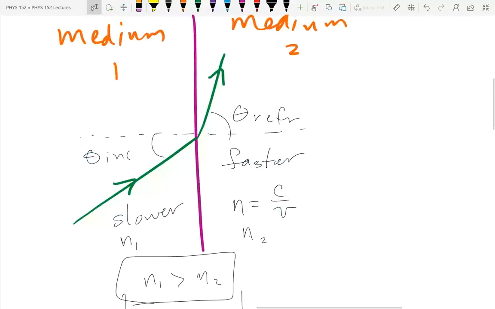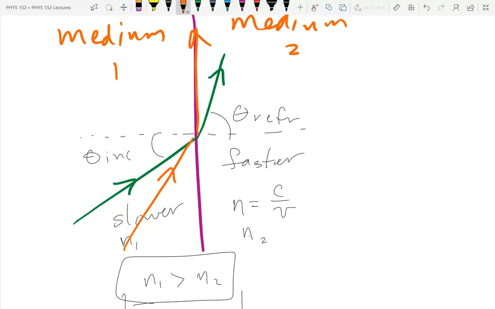If this angle of incidence is a big angle, then you could get to the point where the refracted ray would have an angle of refraction of 90 degrees. Angle of refraction of 90 degrees is the maximum possible angle for refraction.